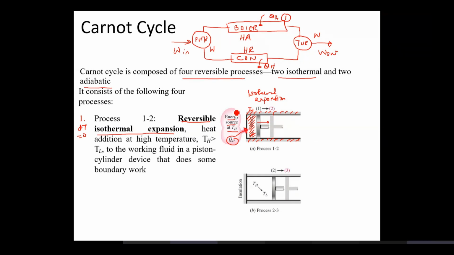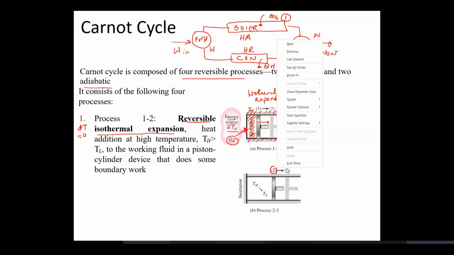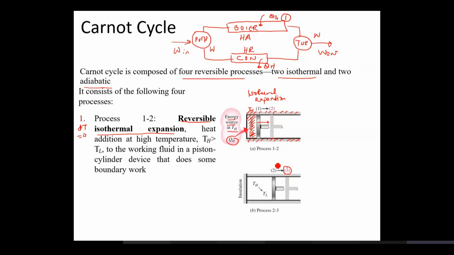Yes, sir. All right. Now, this is the first process where heat addition is taking place. The second process is where the system continues to expand. From 2 to 3, the system continues expanding, and you have insulated this side also. You have removed the reservoir and insulated this.